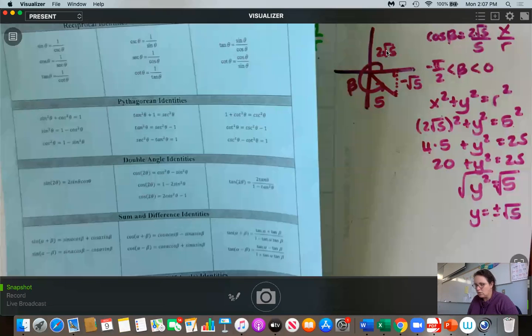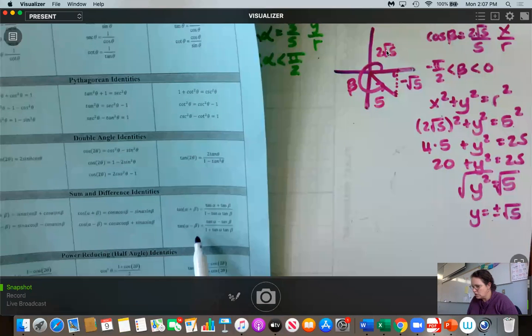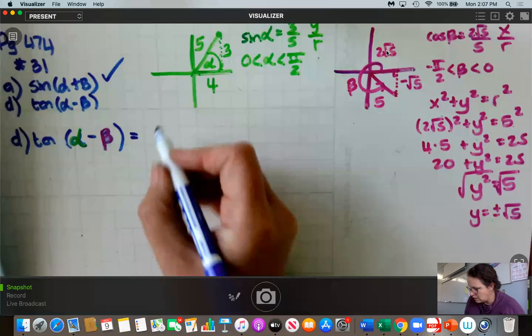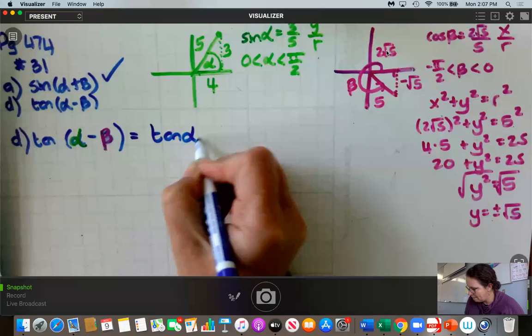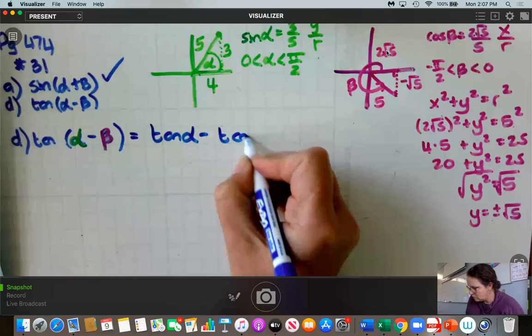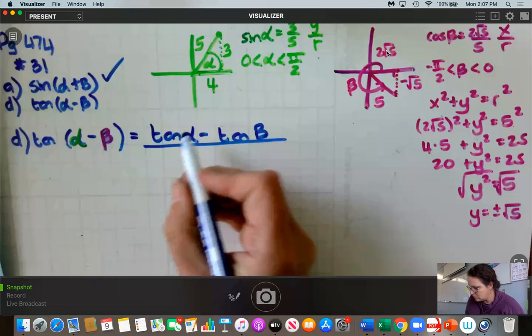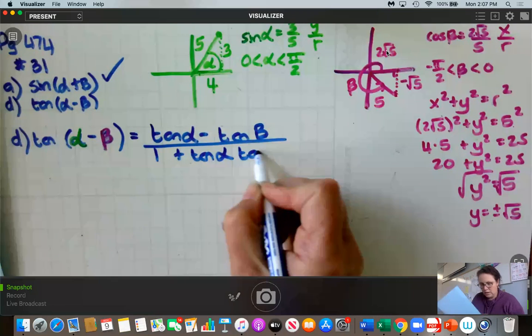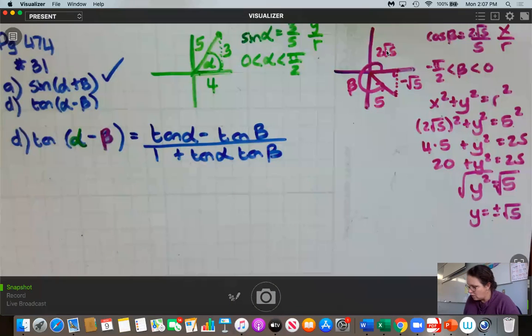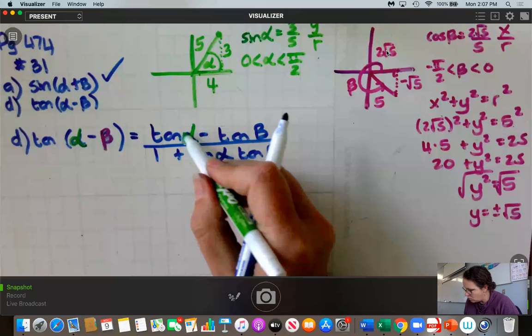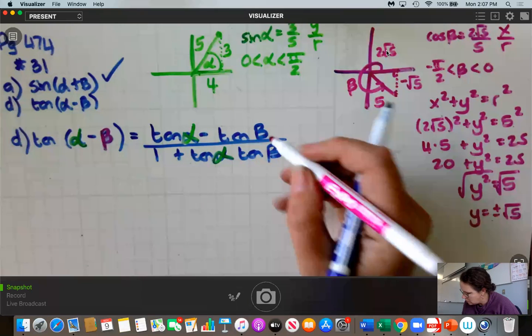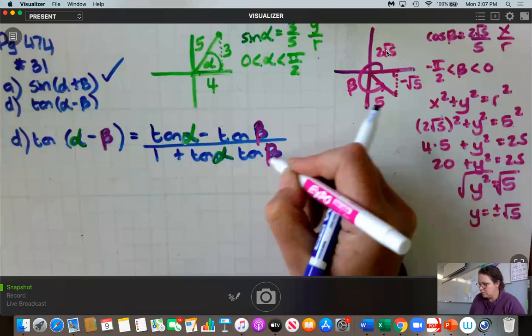We're going to find the one with alpha minus beta for tangent, and we're going to just go ahead and rewrite that identity. And then we're going to use our pictures that we made before to find the tangent of alpha and beta.